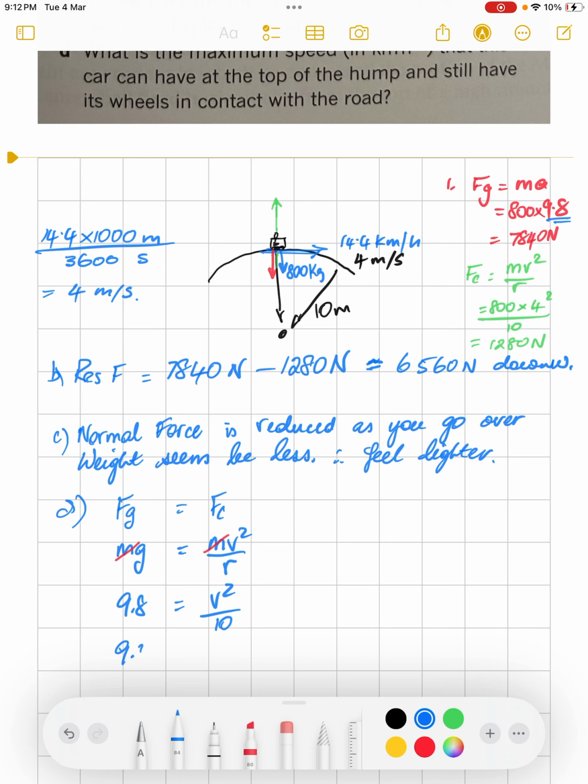So 9.8 times 10 is equal to v squared. Therefore, v will be the square root of 98. And we'll just get the calculator to give us the square root of 98.